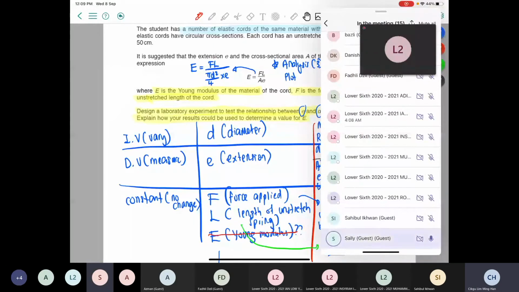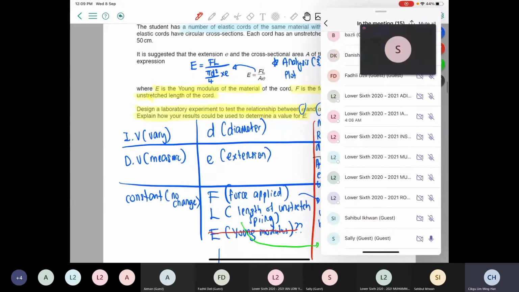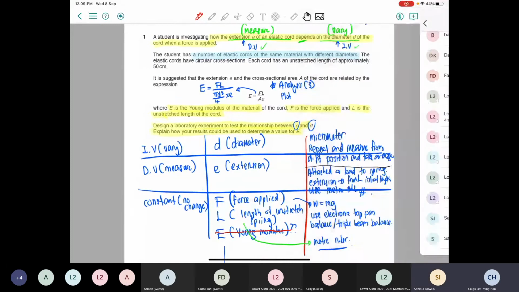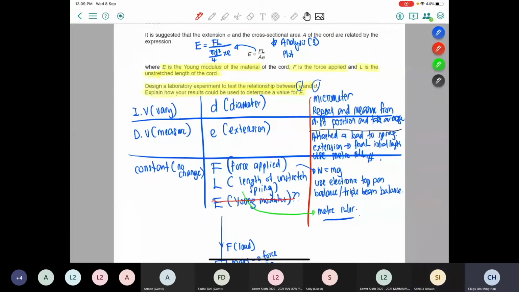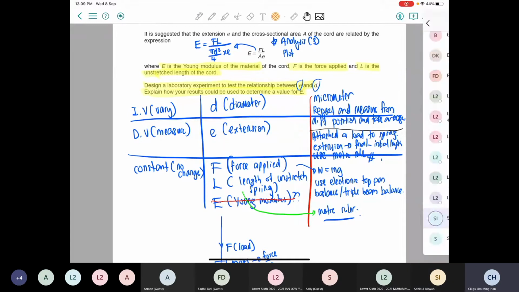So far, I'm okay, sir. You're okay with this. Thank you. Sahibul? Nothing, sir. There's nothing, you already know how to find the 3 variables here.